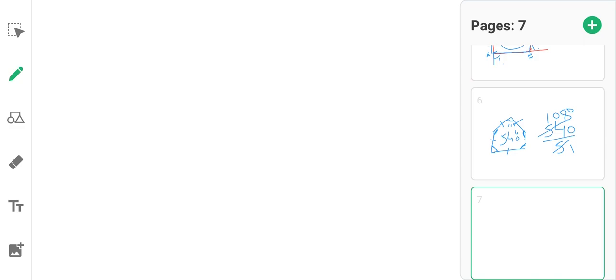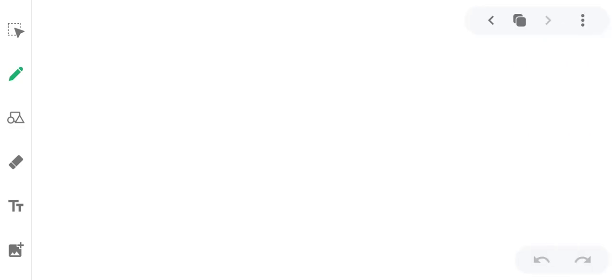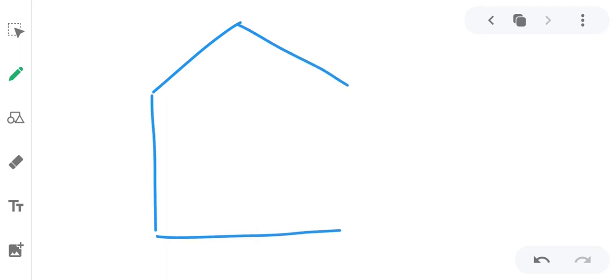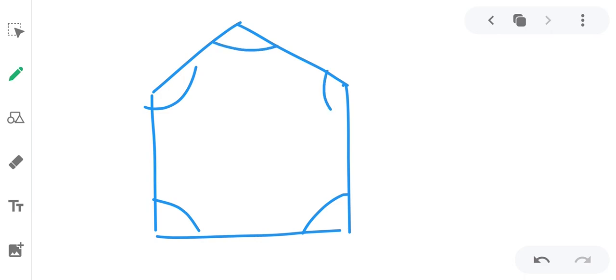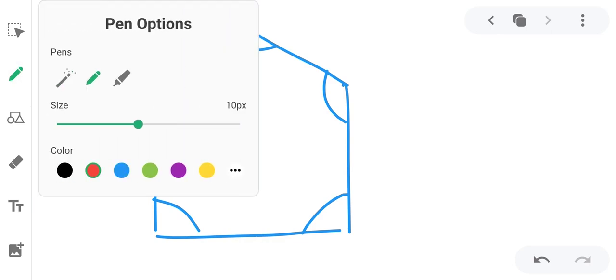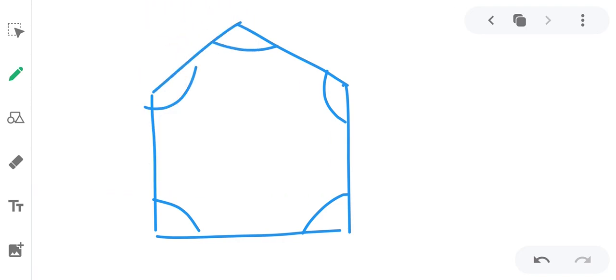Okay, I will redraw this pentagon. So this is a pentagon. The measure of this angle is 108 degrees, this angle 108 degrees, this 108. Each angle of a regular pentagon is 108 degrees. Now let me find out the measure of each external angle.